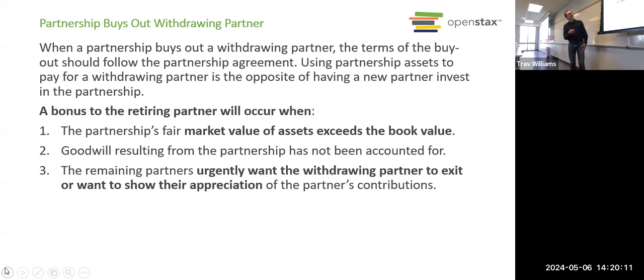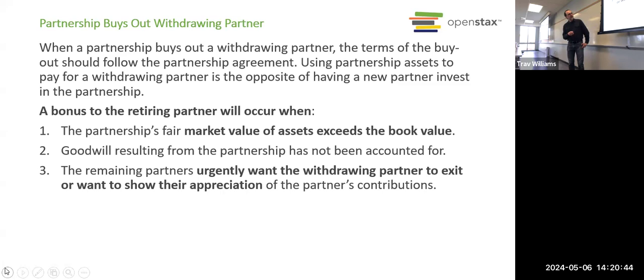So, for example, if you feel that the book value of their capital is really not reflective of what it's worth, because maybe the partnership just got this huge account, it's going to be making all this money, and this partner is leaving right before things really get big. They think, it's not really fair to just pay you what your capital is worth. We think that you deserve more because of how well the company is doing.